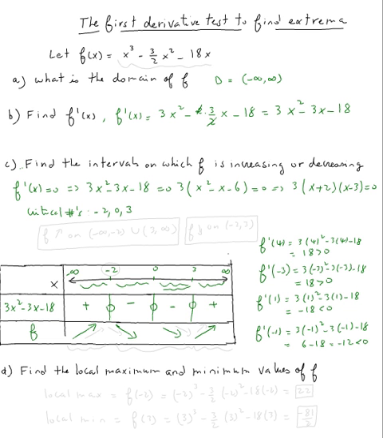So let's write the answer. So f is increasing on where? Right here, and right here. So from negative infinity to negative 2, union 3 to infinity. So this will be the answer.